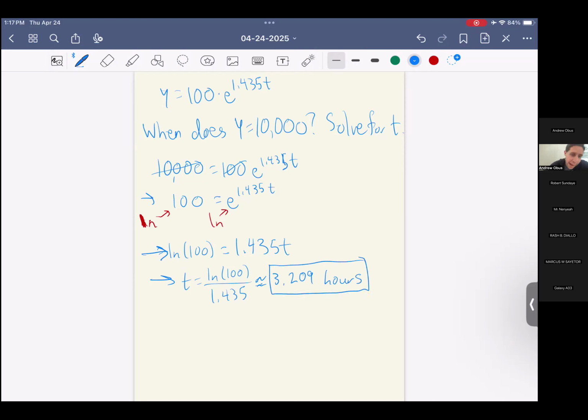Okay, so at 3 hours, remember it got to 7,400 bacteria. To get to 10,000, it means a little bit more time.